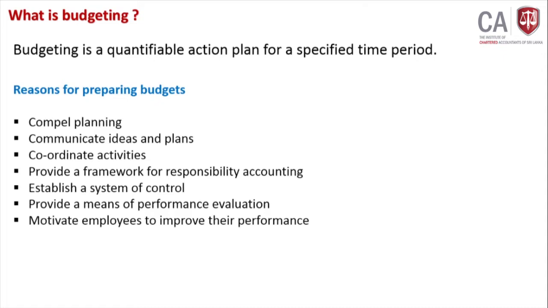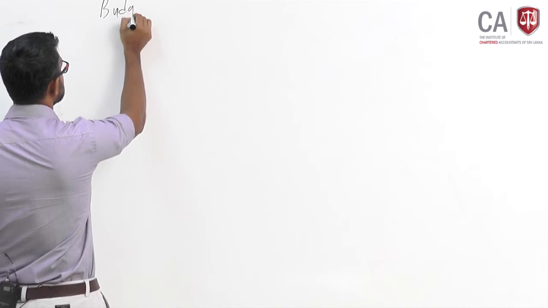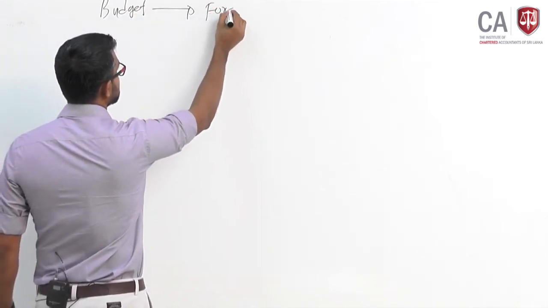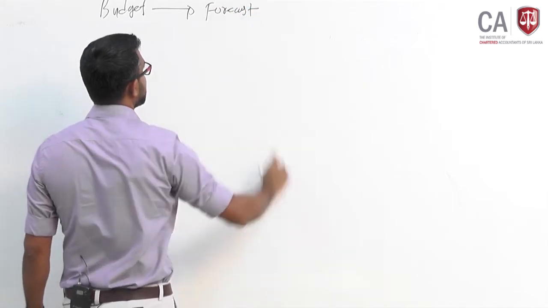So budget means it's a forecast. A forecast is an estimate, based on what? Based on assumptions.